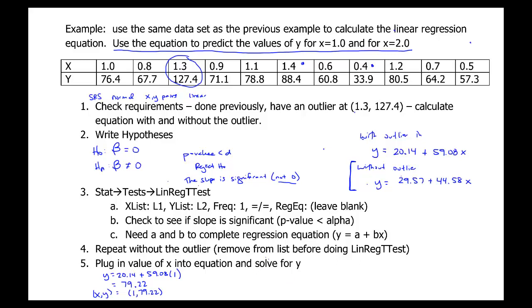We can do the same thing with the equation that was calculated without the outlier. And plug in 1 for x, and that would give you 74.15. So our xy pair on that one would be 1, 74.15. So those are our two predictions for x equals 1.